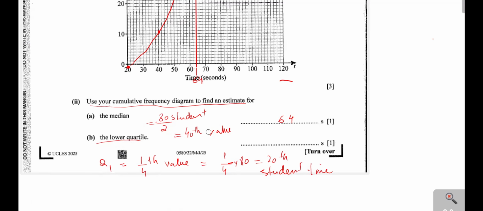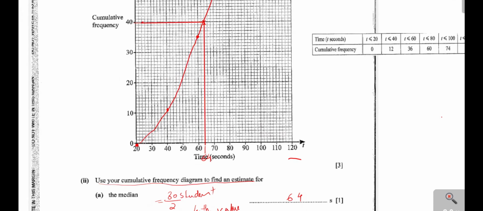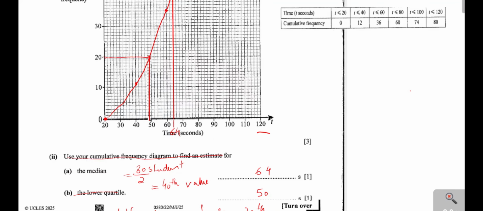We can calculate it if we draw a horizontal line from this value 20 on cumulative frequency, and next we will draw a vertical line from this cumulative frequency curve, and this vertical line intersects the time axis, and at this position the time is 48 seconds, and this is the lower quartile value. 48 seconds is the answer.